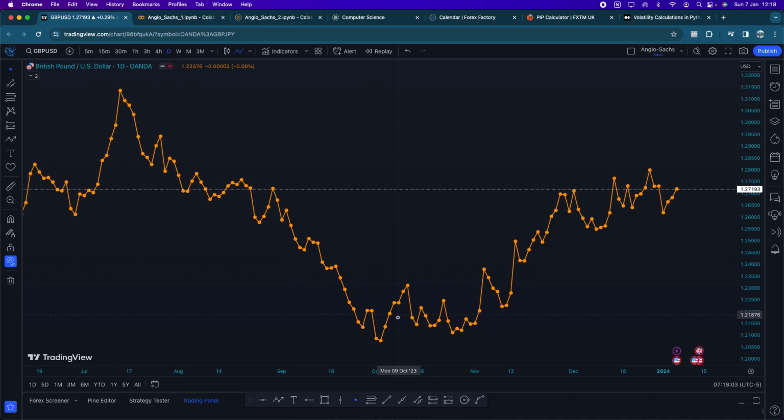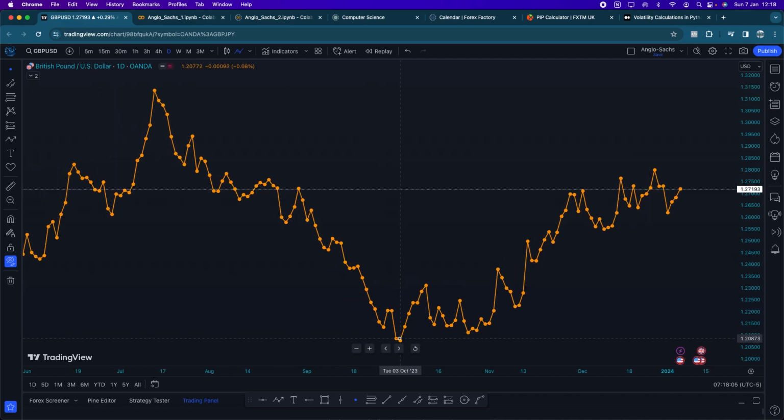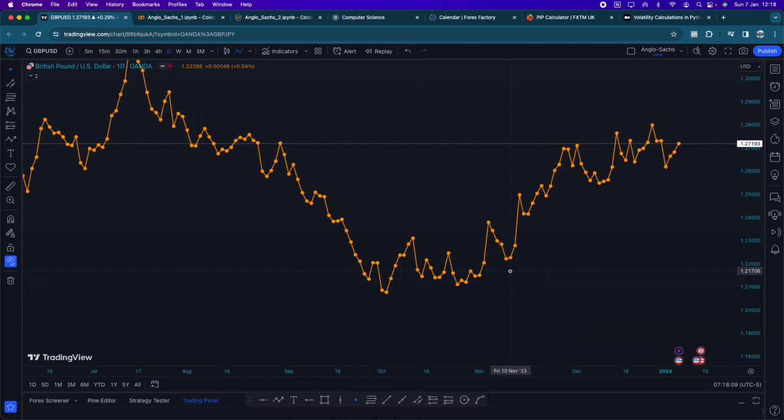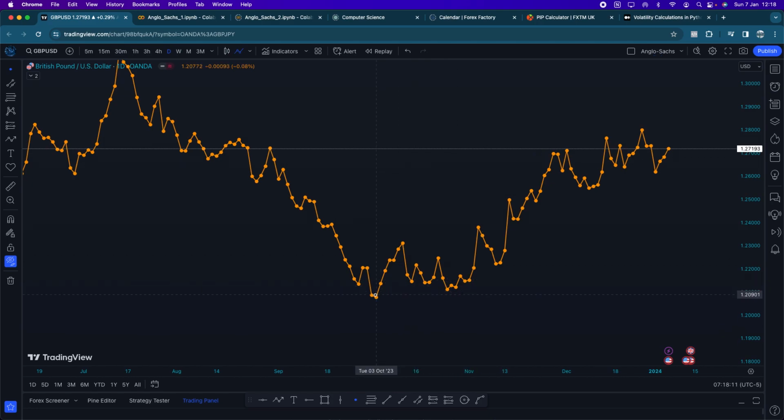So first things first, I'm just going to get rid of that for a second so it doesn't get in our way. At the beginning of October, we saw this really big price push up from this downtrend. This pair had been in a downtrend since July.